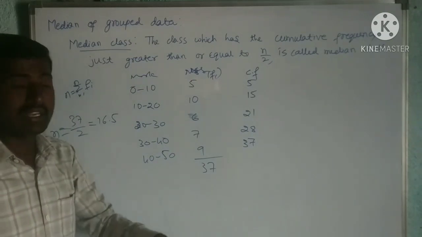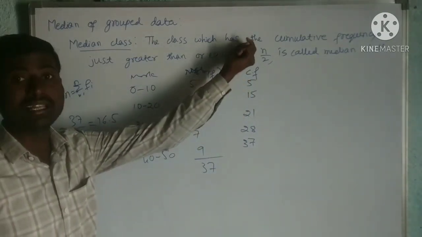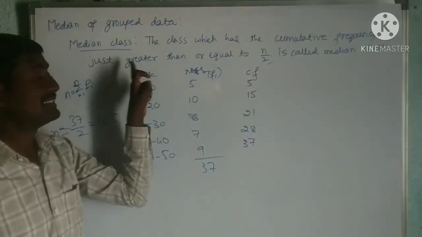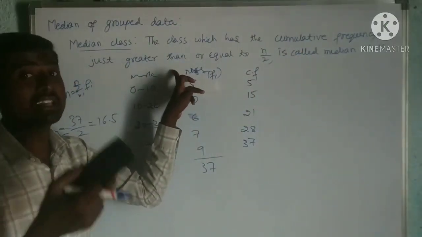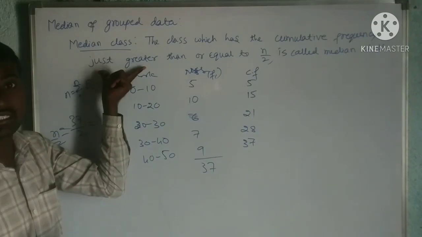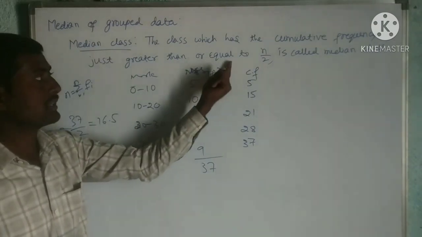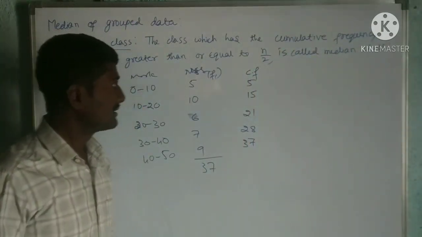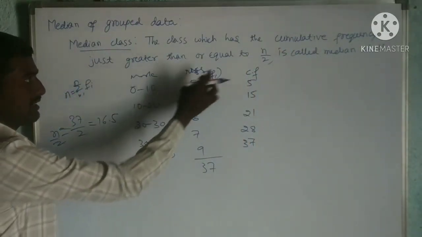To observe the median class, I should know the definition of median class. The class which has cumulative frequency just greater than or equal to n by 2 is called the median class. This word is very important.